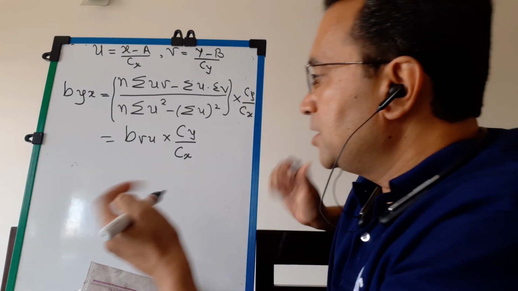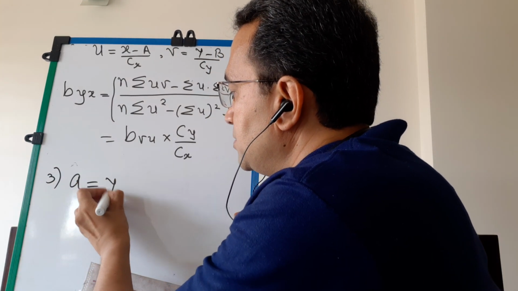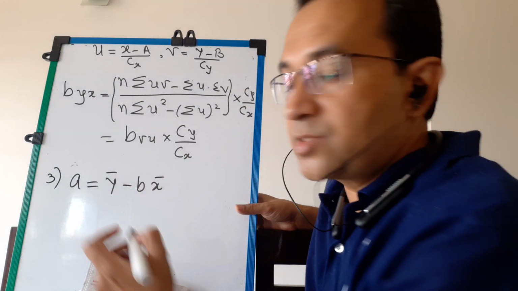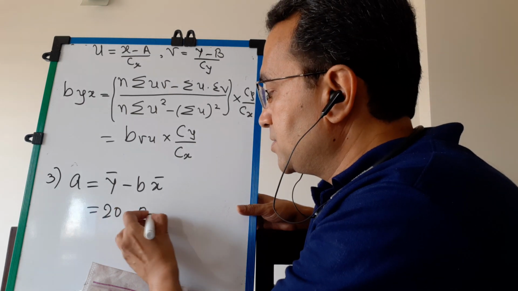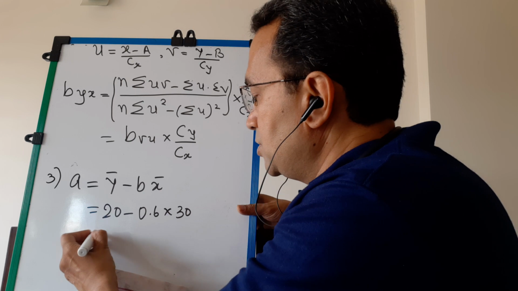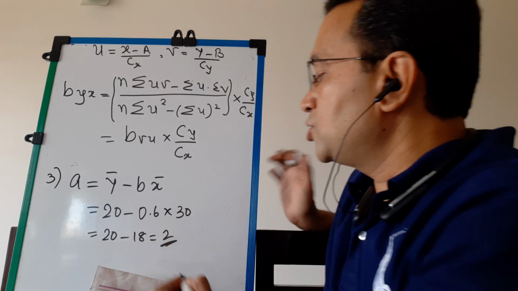So I use the formula A is equal to y bar minus b x bar. So 20 minus b, which is 0.6, times x bar, which is 30. So this will be 20 minus 18. So the answer is 2.